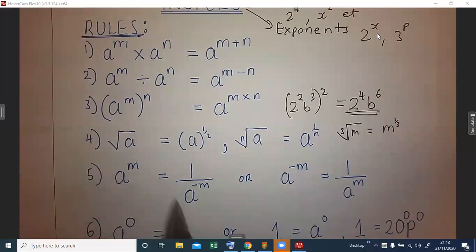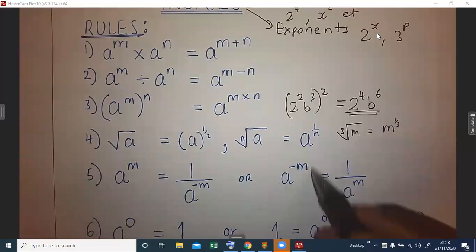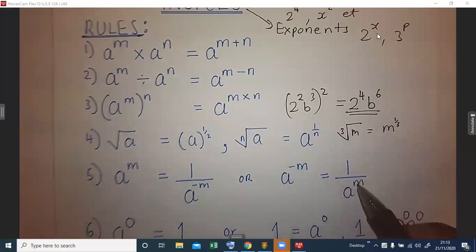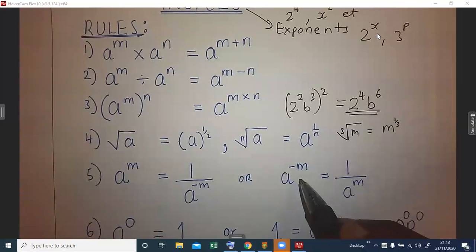Then this statement will be exactly the same as this statement here. Or if the power was negative here, then when you take it to the denominator, this power will change to become positive. And vice versa is true. If you have got a denominator, you can change it back to the numerator, but also the power will change sign.